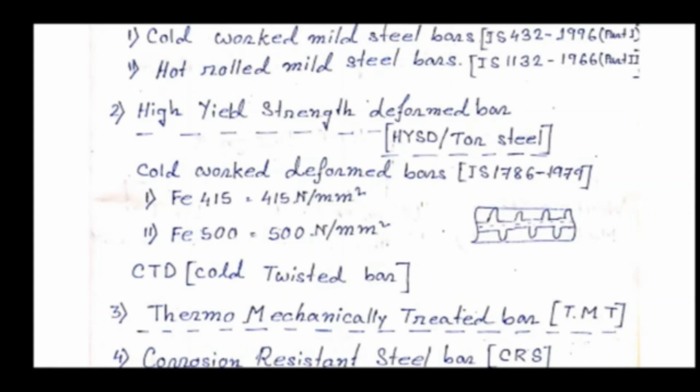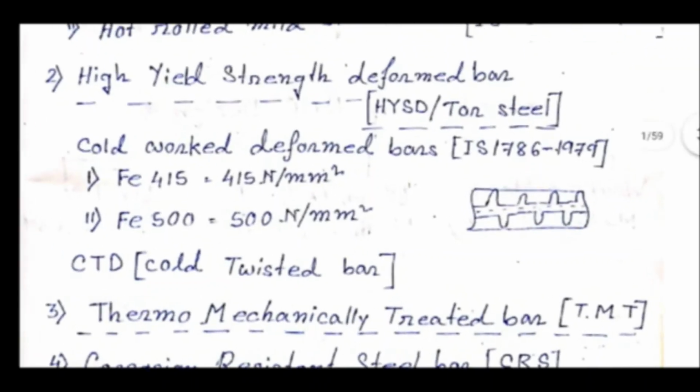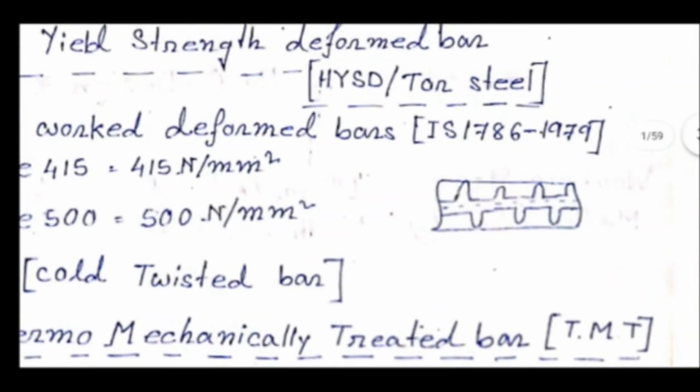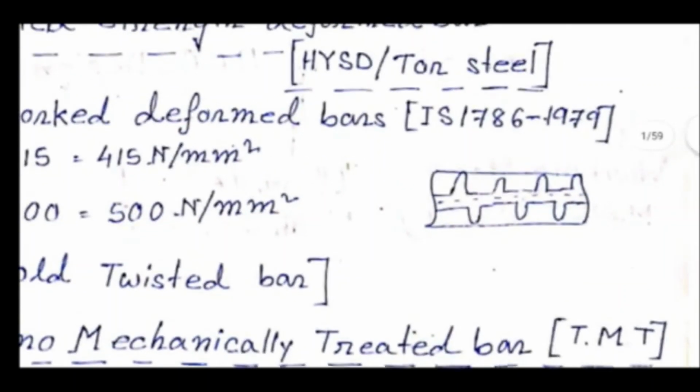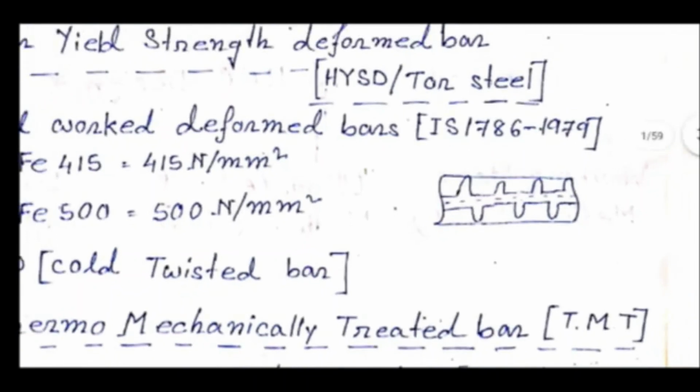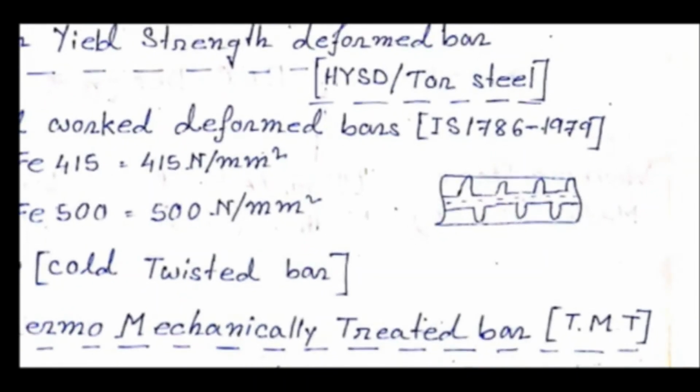Another type of HYSD bar is CTD, cold twisted bar. You can see the hand diagram of the steel bars, HYSD bars. This is a picture of twisted bar.